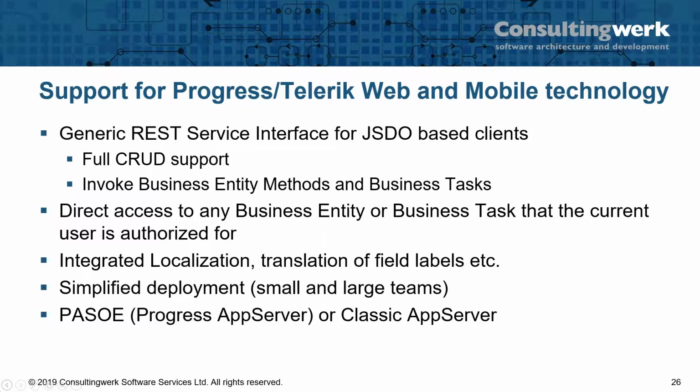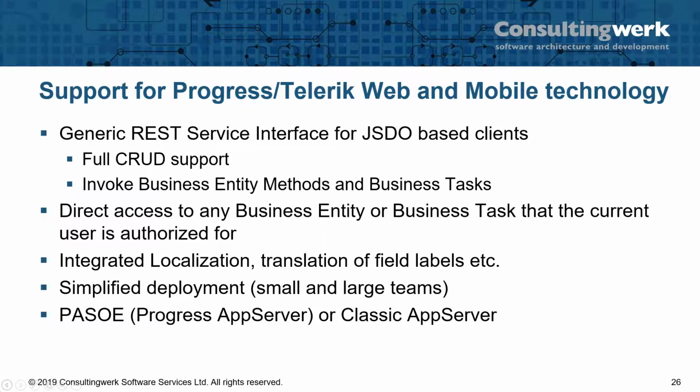Progress also has in-the-box functionality for exposing business entities to the JSDO. We're using a dynamic approach of exposing business entities. And we believe that our approach makes it much easier to handle this, especially in a team when multiple people are working on the project and work on business entities in parallel.